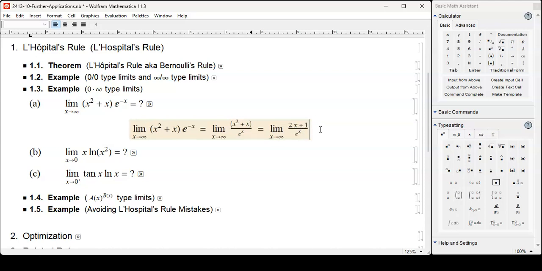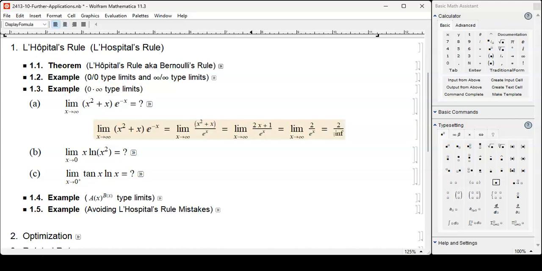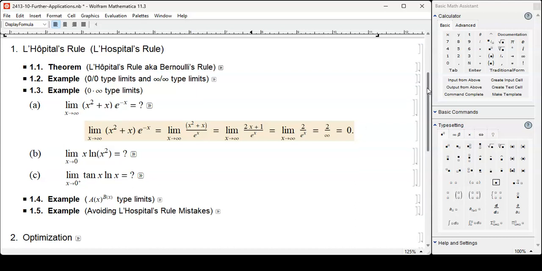And the denominator stays the same, of course. It's a natural exponential function. And then once more, because this is again an infinity over infinity type limit, so we have 2 over exponential, 2 over infinity, so that's 0. So you can change this 0 times infinity type into infinity over infinity type, and then you can go ahead. So change it to fraction, and then you can use L'Hopital's rule.